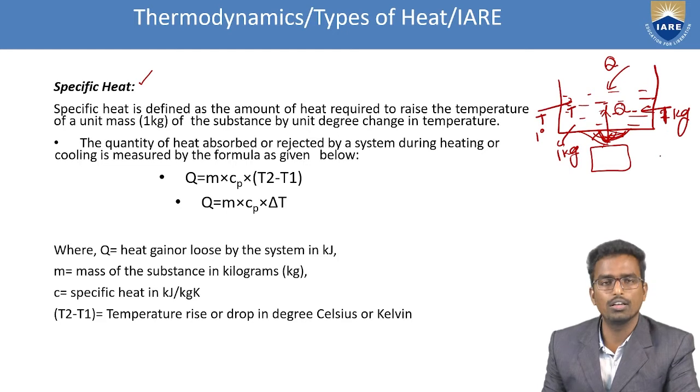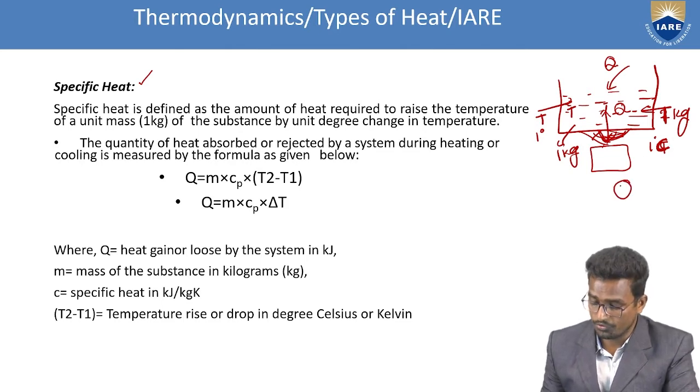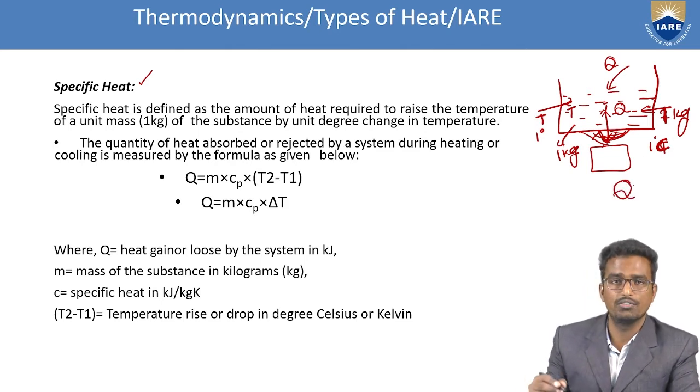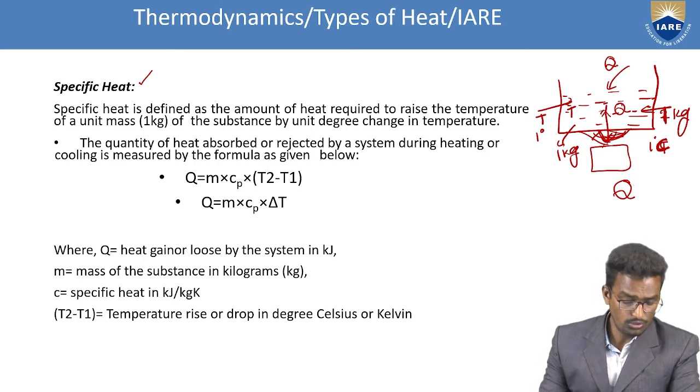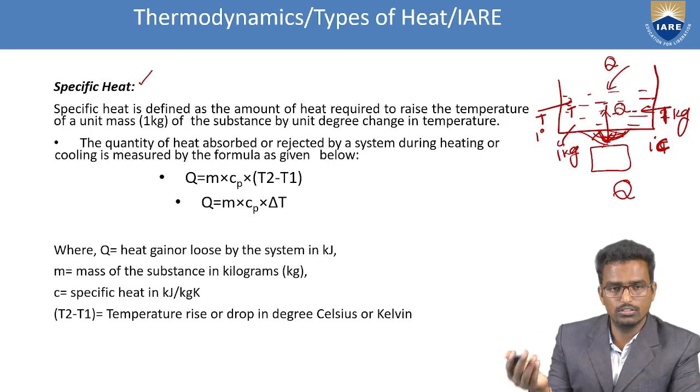To raise the temperature of this 1 kg of water by 1 degree centigrade, the amount of heat required you call specific heat. So the quantity of heat absorbed or rejected.